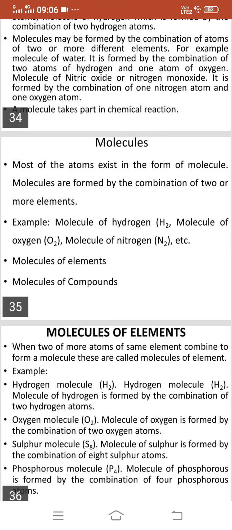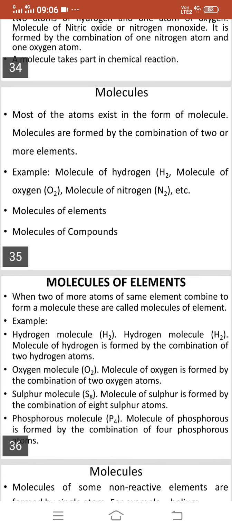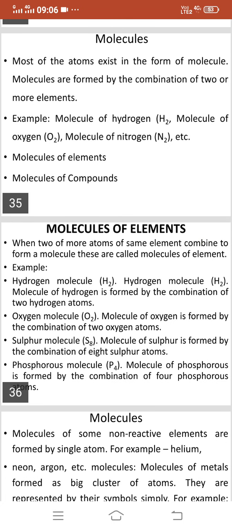When two or more atoms of the same element combine to form a molecule, these are called molecules of an element. So examples are the hydrogen molecule: a molecule of hydrogen is formed by the combination of two hydrogen atoms.